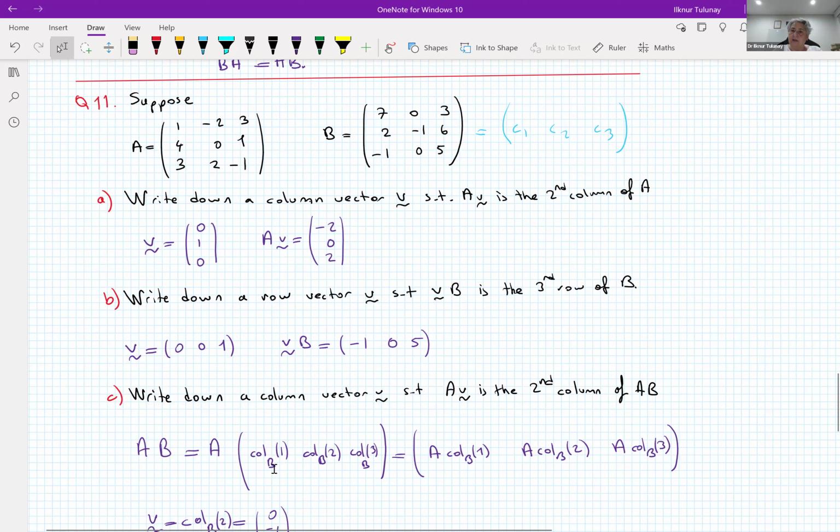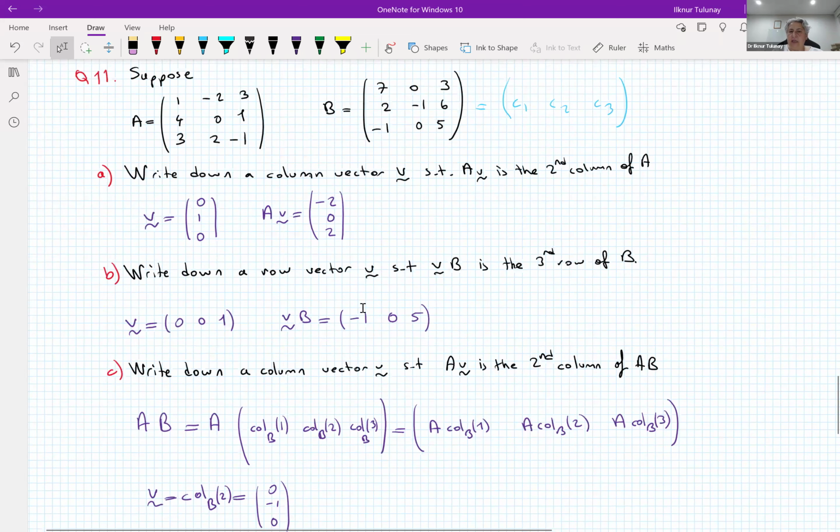I'm looking at the matrix A as a whole, but I am splitting the matrix B into columns: column 1, column 2, column 3, as three vectors. If I multiply A with this matrix, it means I'm multiplying A with these individual columns, nothing else.